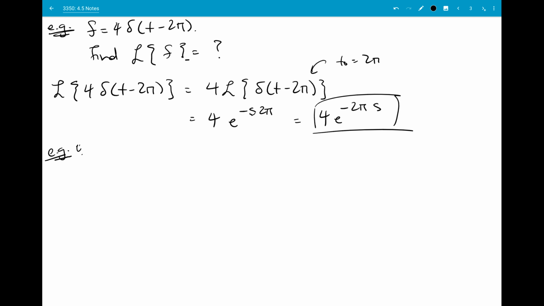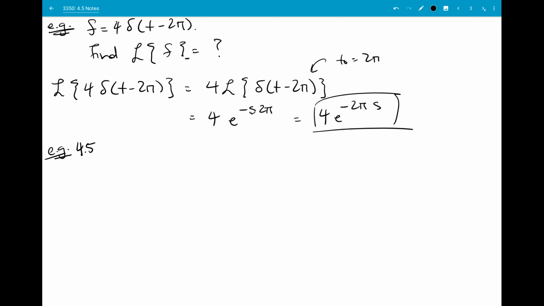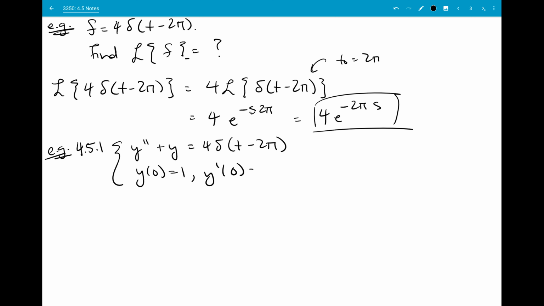So 4.5.1 is this initial value problem, y double prime plus y equal to 4 delta of t minus 2 pi, with y of 0 equal to 1 and y prime of 0 equal to 0. And we're going to solve this problem in the next video, but I want to introduce to you why we're thinking about it.